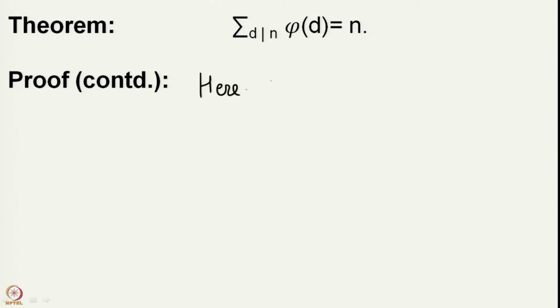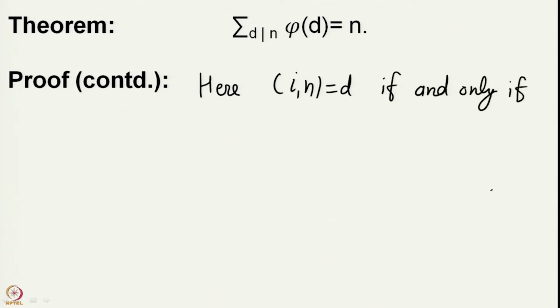Here, GCD of i and n is d if and only if GCD of i by d and n by d is 1. This is one very basic thing which we have used quite a few times already.